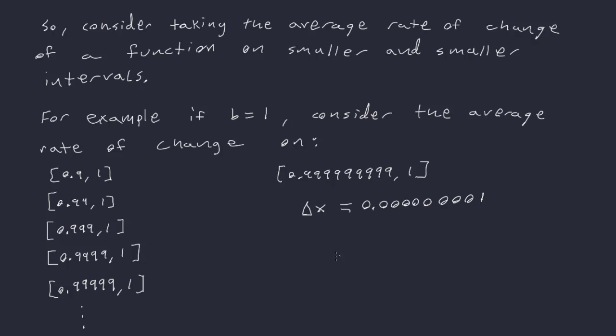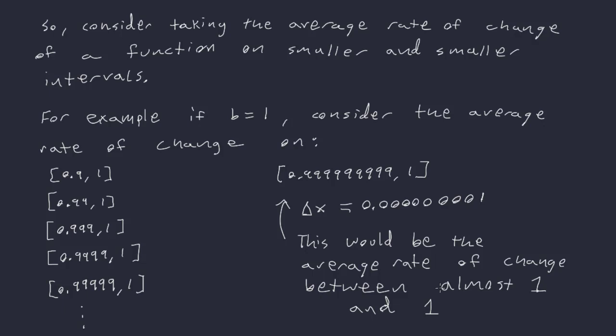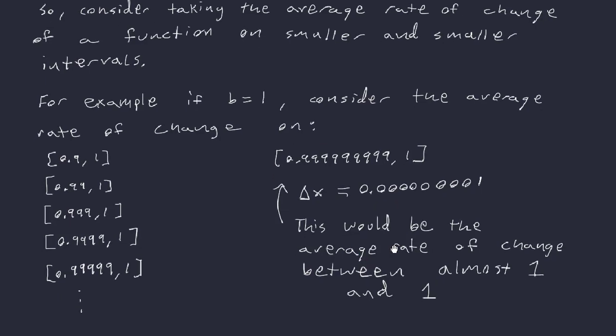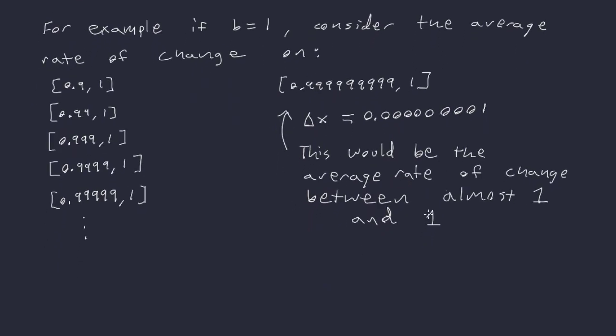So you're talking about the average rate of change between almost 1 and 1. If we start getting closer and closer to this, we might actually start to see us getting closer and closer to an actual number.